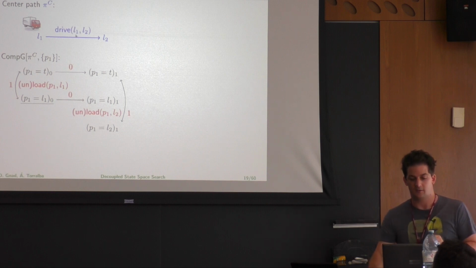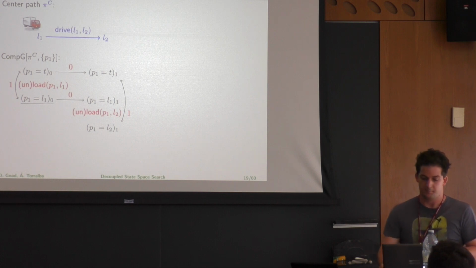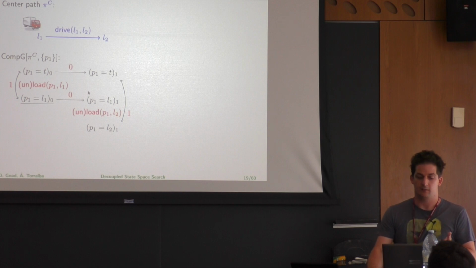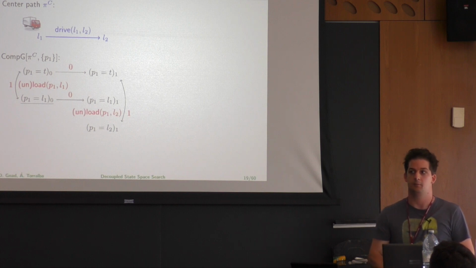This action here does not have any leaf precondition, so we can just decide not to do anything and keep the package in location L1, for example. Now the new possibility that we have is, once the truck has driven to L2, we can choose to unload the package at this position, which gives us a new possibility, a new leaf action sequence, a new compliant path.